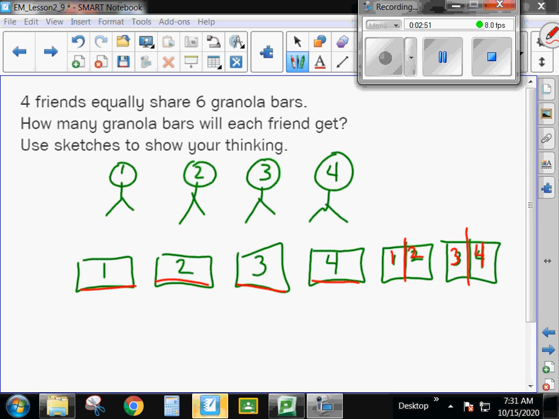Each friend's going to get 1 whole granola bar and 1/2 of a granola bar. You could write out the word 1/2 if you wanted to. We haven't worked with fractions yet, or really how to write them the proper way. But if you understand fractions a little bit, you can go ahead and write it like a fraction. If not, you could write it as a word. Okay?